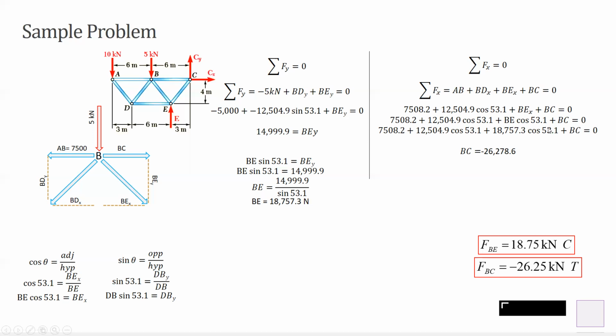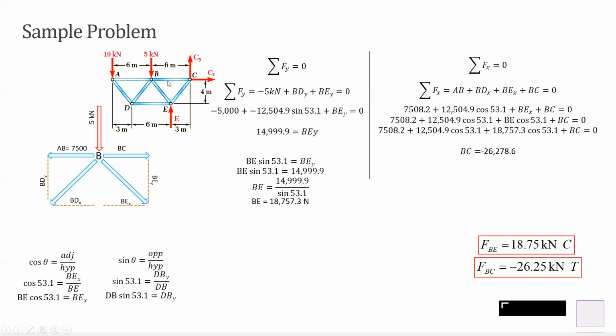So we can add all of those numbers, and it has to equal our BC. So BC comes out as negative 26,278.6 newtons of total force on BC.